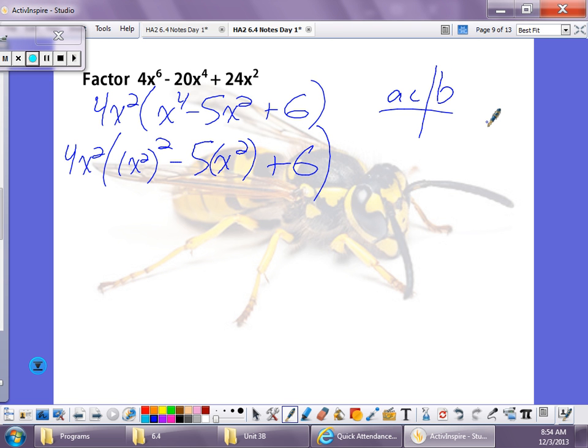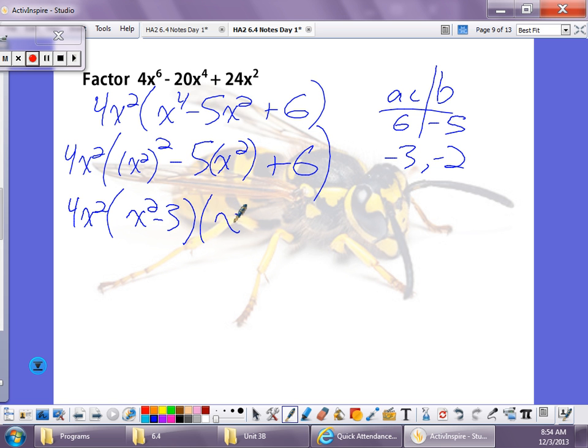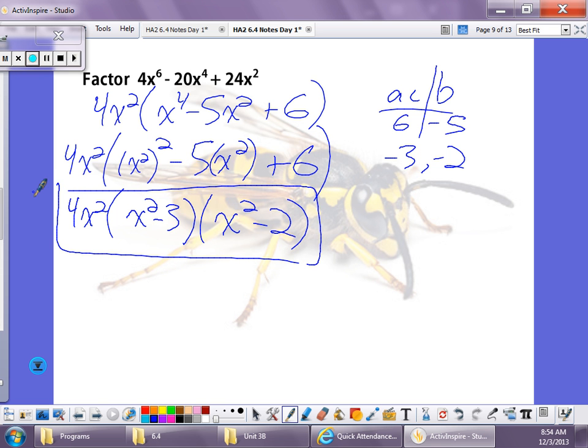So you know you need to multiply to 6 and add up to negative 5. So what are two values that multiply to 6 and add up to negative 5? Negative 2 and negative 3. Good. So then you'd get 4, and now instead of x minus 3 and x minus 2, you'd have x squared minus 3 and x squared minus 2. Okay, we look in here to see if anything can factor more. It cannot. So this here would be your final answer in factored form.